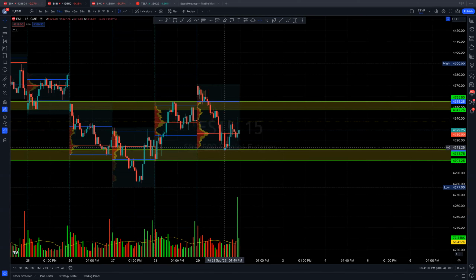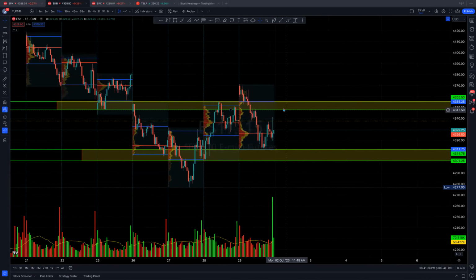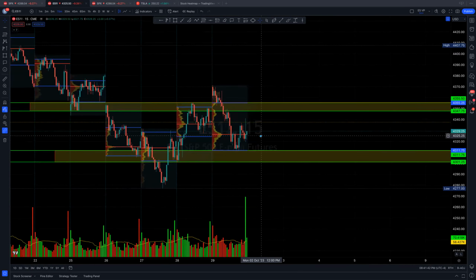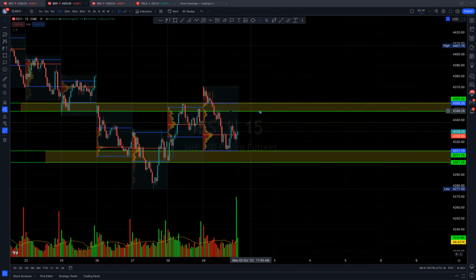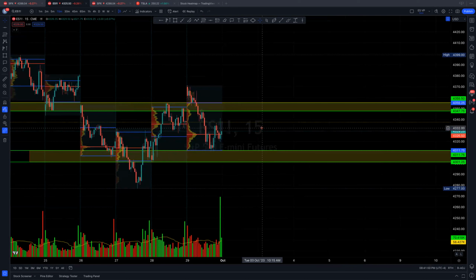Now, I think if we want to see volatility pick up significantly, we're going to have to wait for a break of these levels. Of course, we can trade the range, but I think we need to wait to see if we're going to reject or if we're going to break. Very important that we look at other markets, other tickers to assess market momentum.